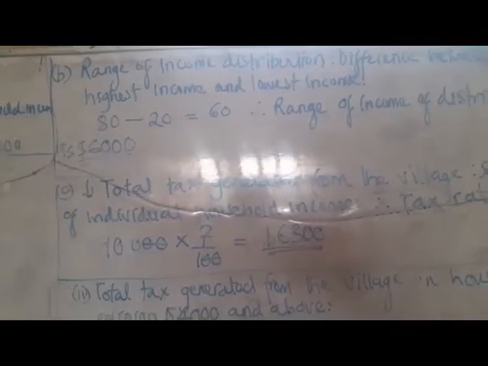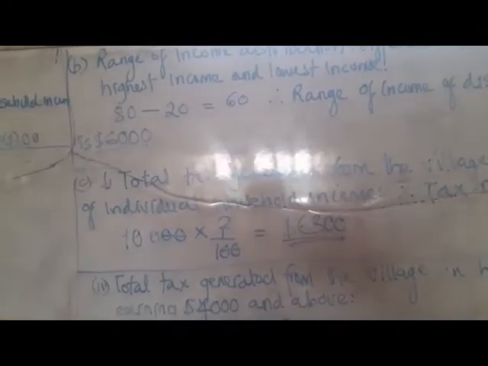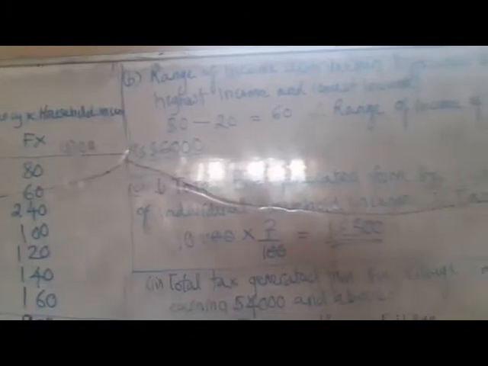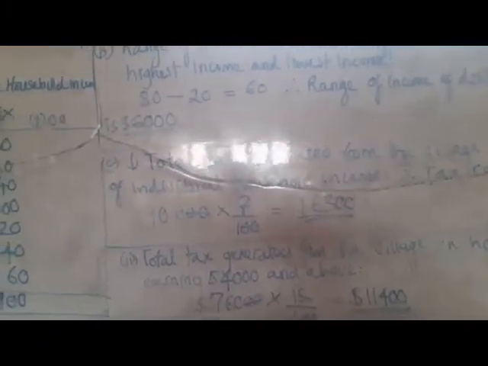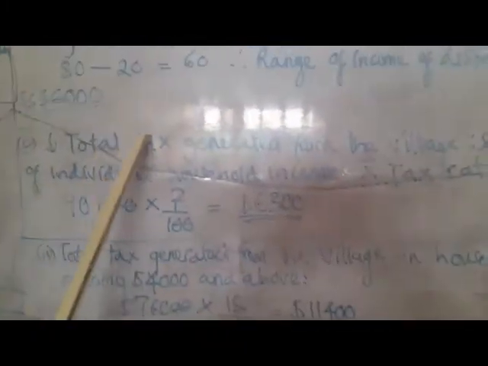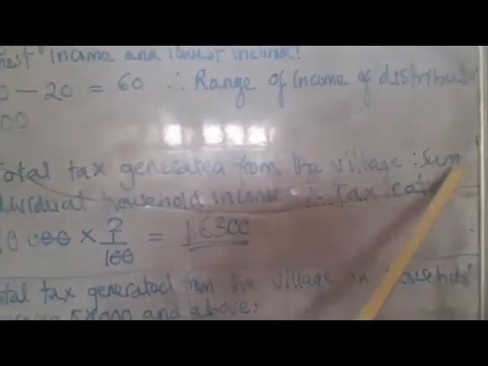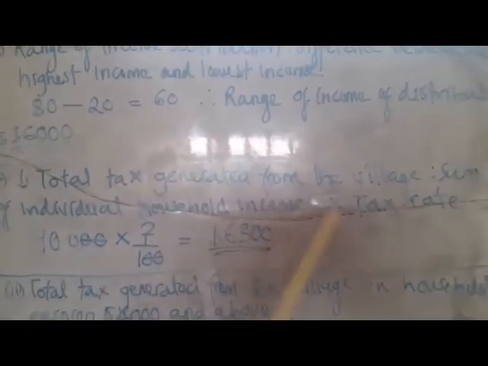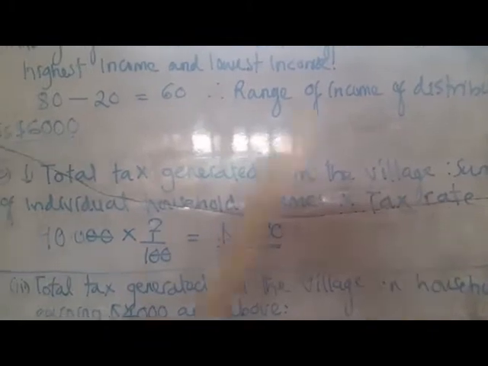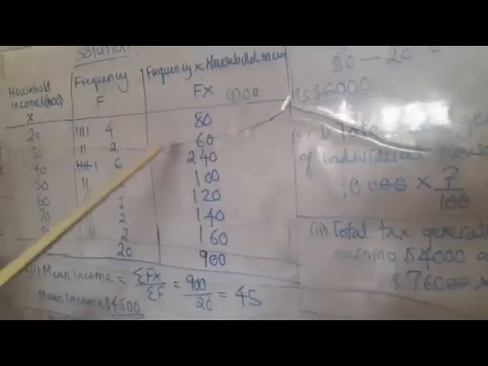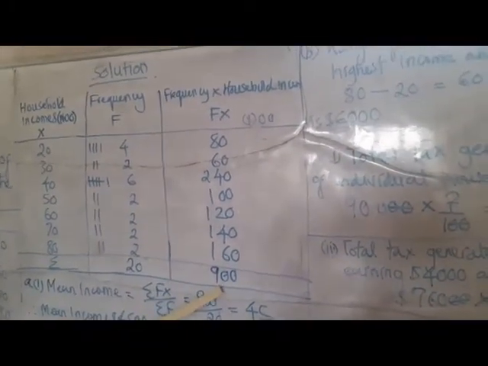Okay, C, the total tax generated from the village. So for the total tax generated from the village, you sum the household annual income. The total is always given as what? The sum of individual household income. The formula for total tax generated from the village is the sum of individual household income times tax rate. So the sum of individual household income is 900.